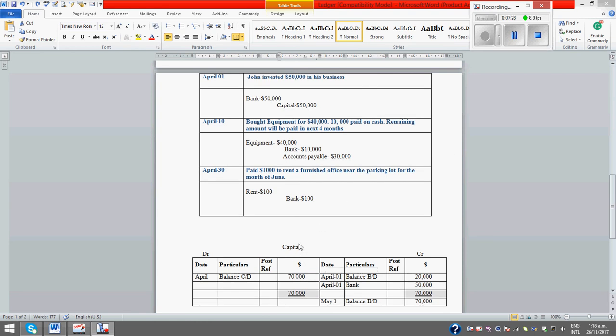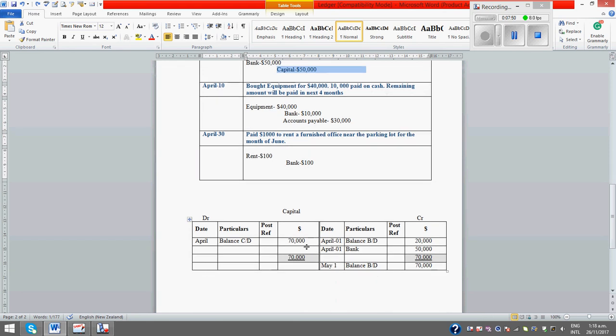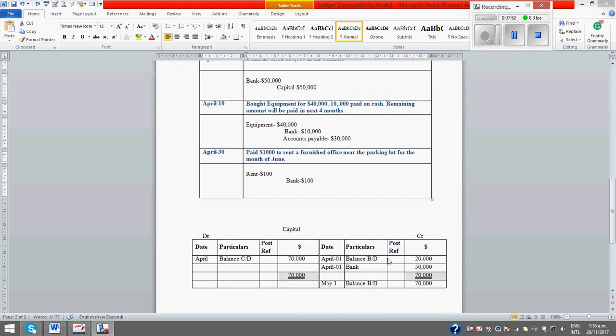Alright, so now I'm going to show you how to prepare a ledger of capital. You can see there are both two sides. The left hand side is the debit side, and the right hand side is the credit side. Now you have to prepare the ledger account for capital. In the capital account, you have balance BD $20,000 from last month, and you just need to focus here.